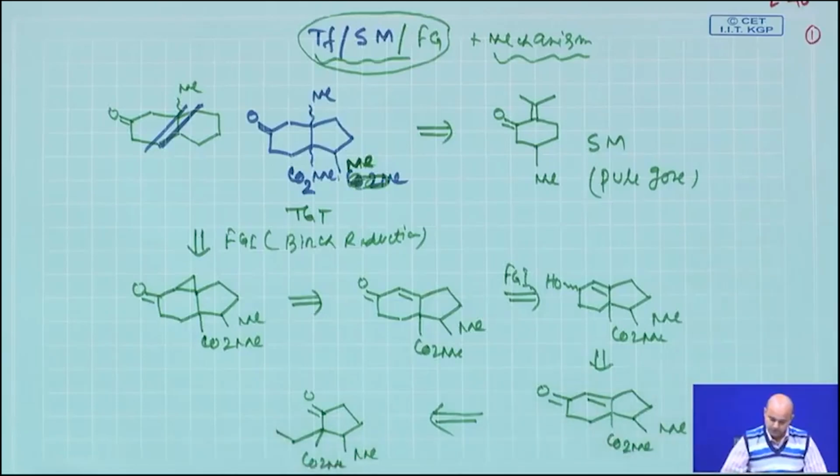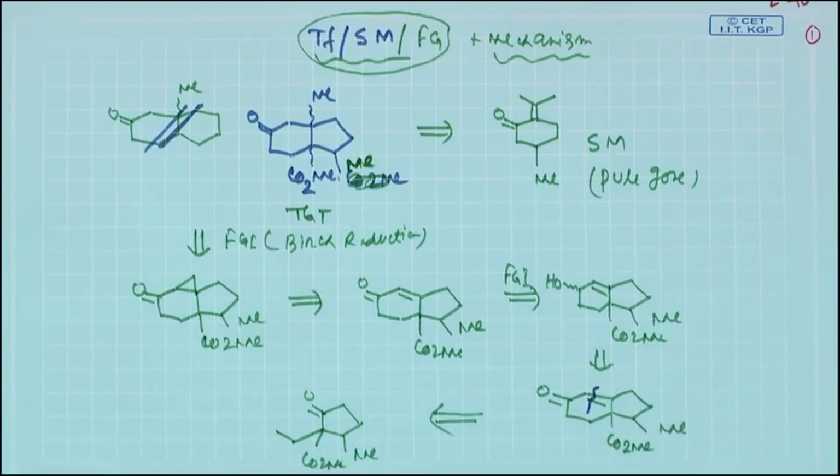We will be making this particular bond through a Michael aldol reaction. So, you need CH2, you need a CO here and this methyl. This is a standard Robinson annulation.